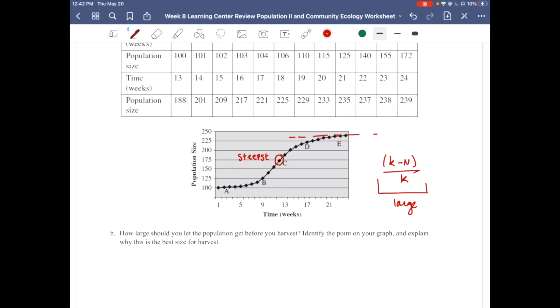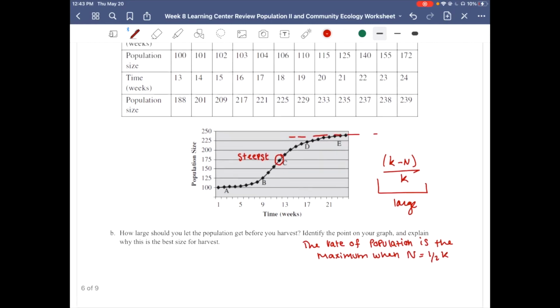So the rate of population growth is maximum when n equals 1/2 K. If what I'm saying is confusing, just remember that the rate of the population growth is the maximum when n equals 1/2 of K.